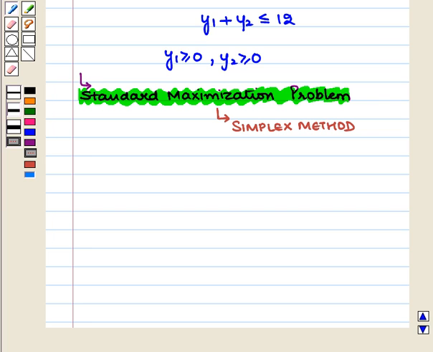We follow the same method which we have discussed in our earlier session. We get the following sequence of tables using the simplex method.